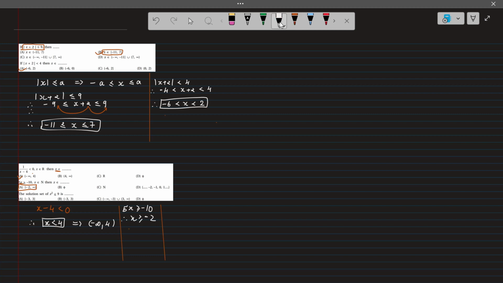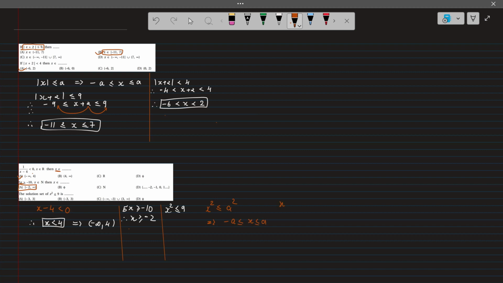Next question. X square is less than equals to 9. We can directly use the shortcut and we'll take the values from the option. Values whose range satisfy will give us the final answer. Or we can even use this formula: if x square is less than equals to a square, then we can say x lies between minus a to a.